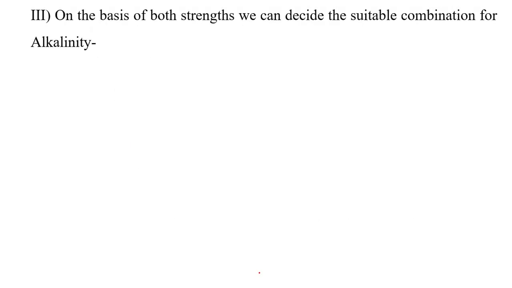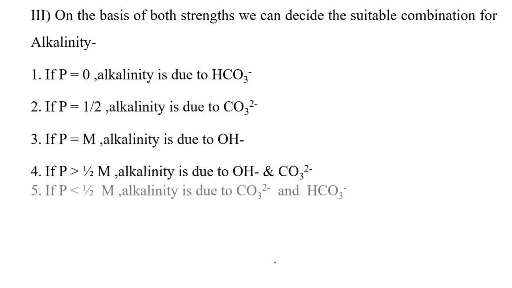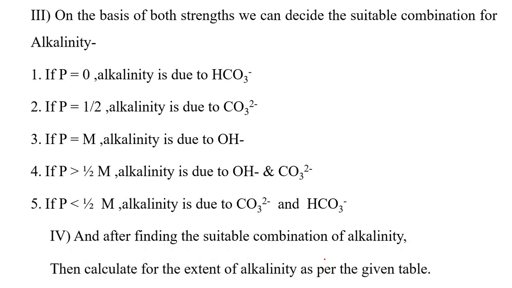So these are the points on the basis of which alkalinity is calculated according to the table that I have already explained to you. After finding a suitable combination of alkalinity, you can calculate the extent of alkalinity as per the given table in the previous slides. So how do you write the result now?